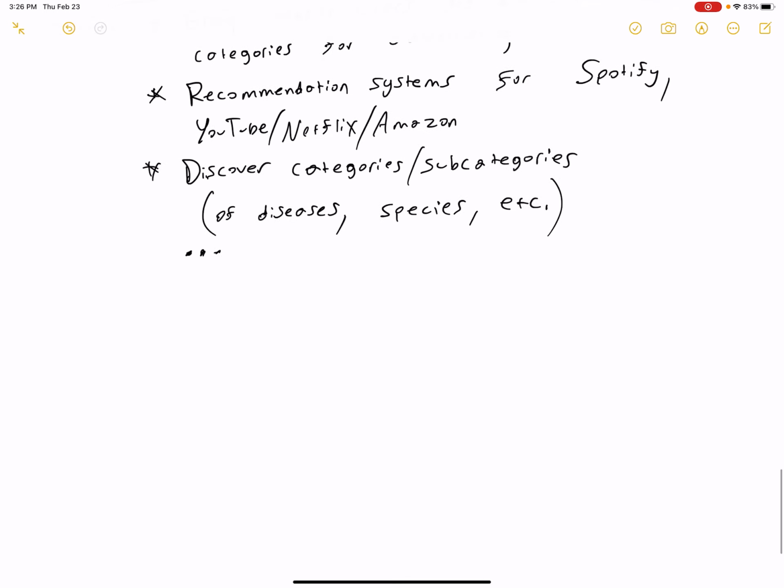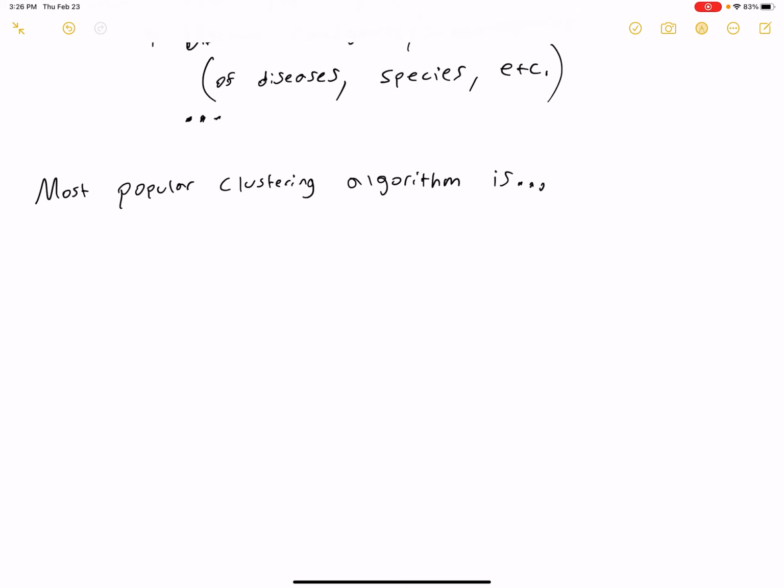By far the most popular clustering algorithm is... Does anyone know what it is in advance? PCA is a dimensionality reduction. We will get to that.